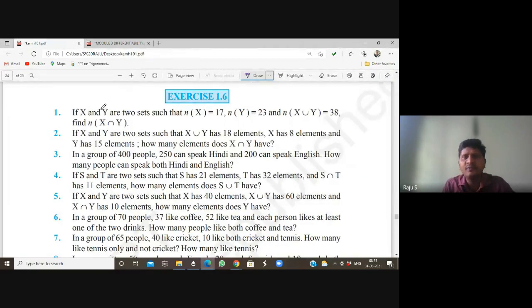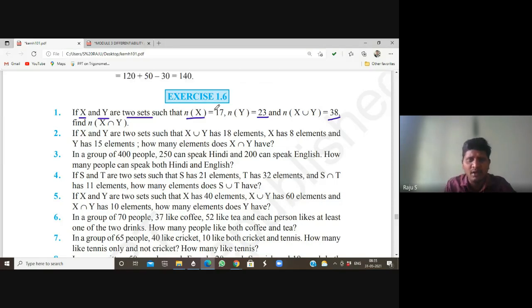See here, first question. X and Y are two sets such that the number of elements in X is 17. The number of elements in Y is 23. So n of X union Y is given. Find n of X intersection Y. Formula is what?